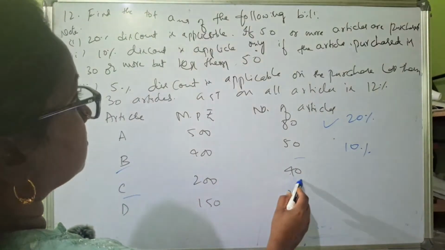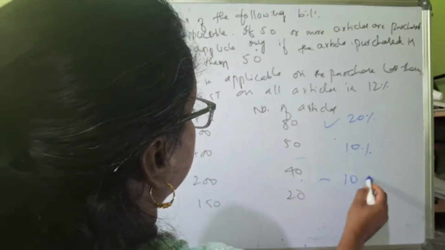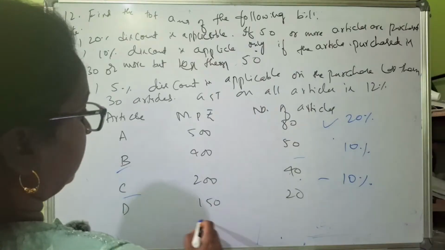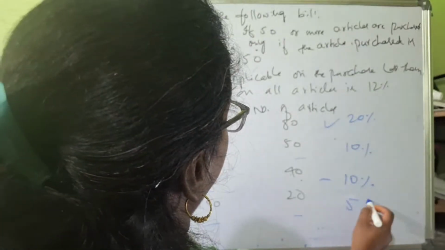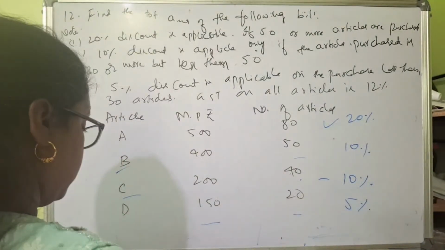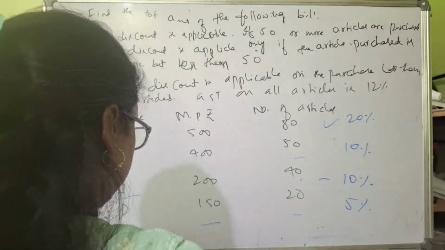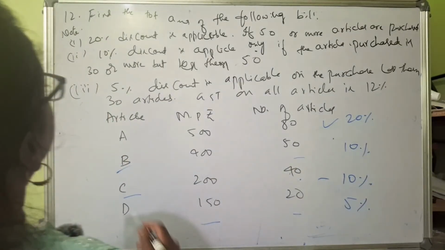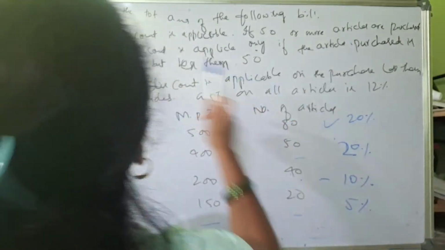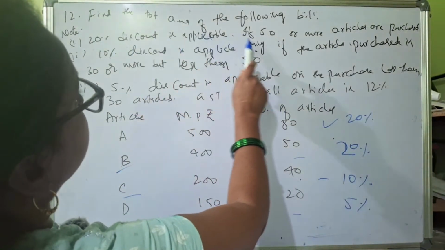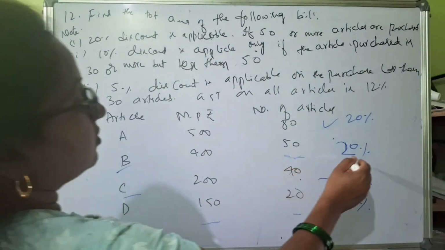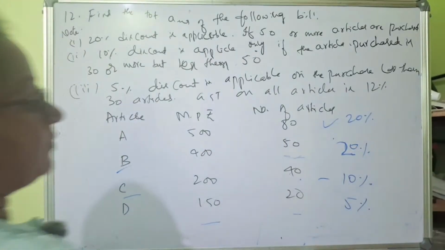And for C, here also 10%. And for D, 5% discount is applicable. Oh, sorry. For article B, 20% discount is applicable because 20% discount is applicable if 50 or more articles are purchased. So this is 50. So 20% discount is applicable.